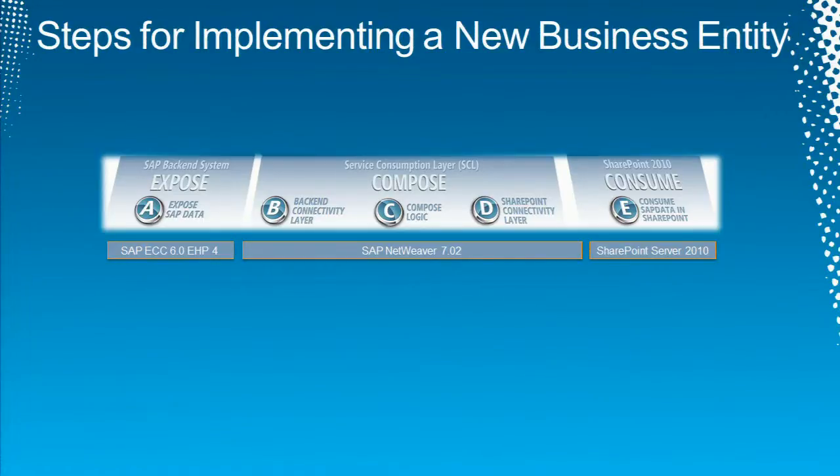And then in SharePoint, you consume the data through an external content type, expose it up in an external list, and then put all the different types of user experiences on top of it that you want, whether it's Silverlight, JavaScript, or any other rich client application that you want to build, whether it's WCF, WPF, or Windows Forms.